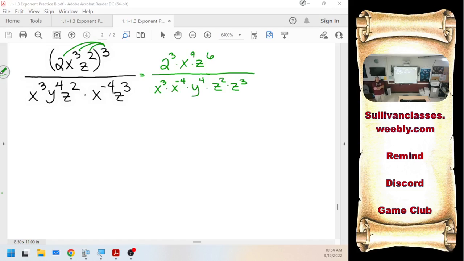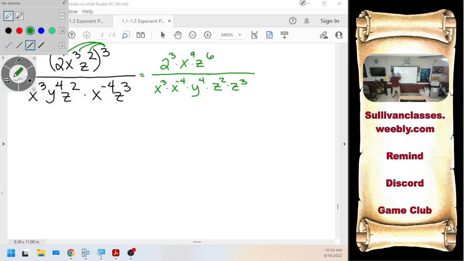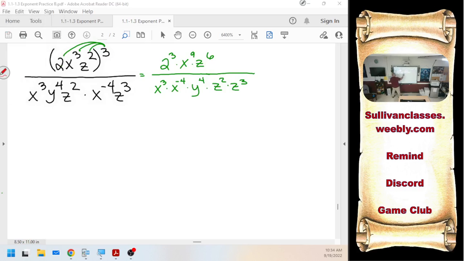Look at it in pieces. What could I do now? I can combine stuff, right? You look on the denominator and you're like, hey, those x's go together. Frank, come on. These x's go together. These z's go together. So I've got 2 to the third, x to the ninth, z to the sixth, upstairs.